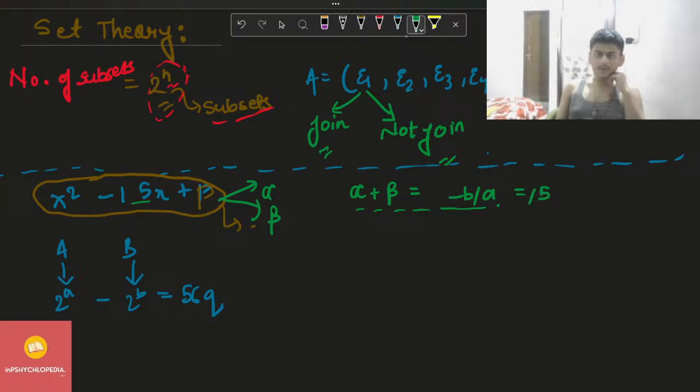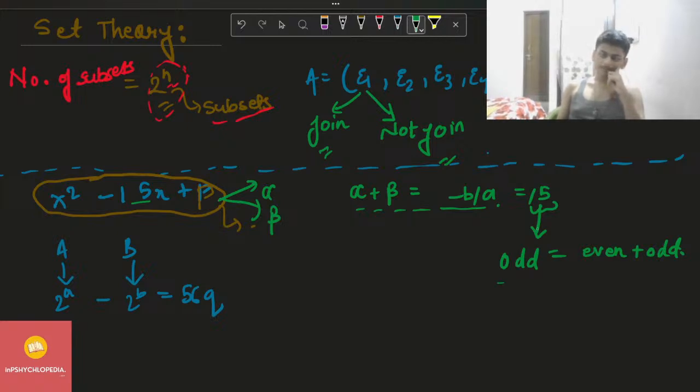So alpha plus beta is equal to 15. So the sum of two numbers is 15 only when one of the numbers is even and the other is odd. So an odd sum can be obtained only by adding an even number with an odd number, right?